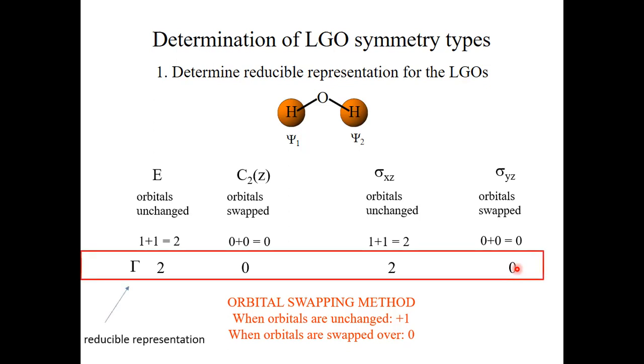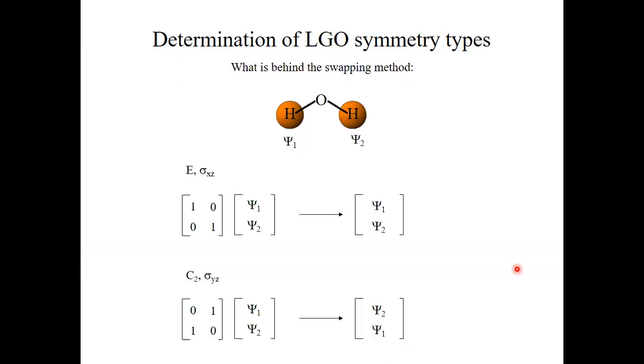Okay, so before we go to the next step, I wanted to briefly explain what's behind the orbital swapping method. So it's again matrices that are behind the orbital swapping method, and the orbital swapping method is a way to determine the characters, the trace, of the transformation matrix that represents the respective symmetry operations that transform the wave function.